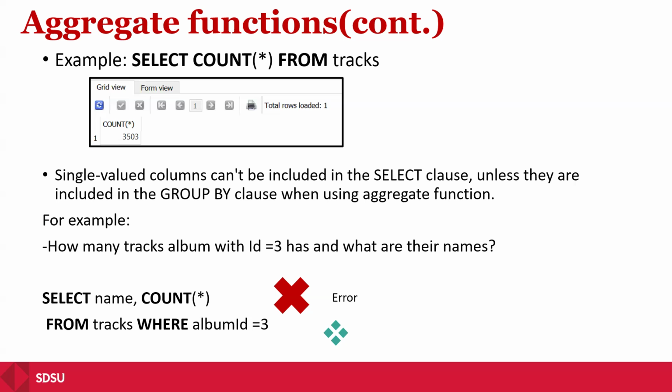Do you want the name of the first record, the second, or the last record? That is why this type of statement is incorrect. In this example, we're trying to count how many tracks the album with ID 3 has, and this is the wrong way of doing it.